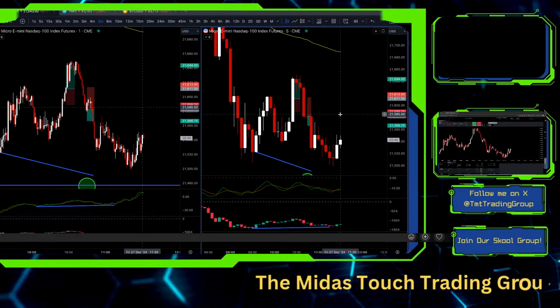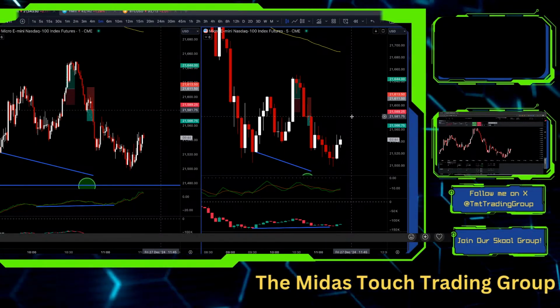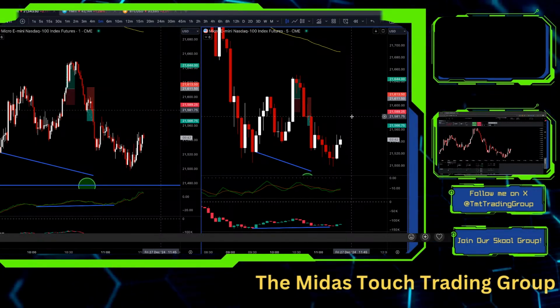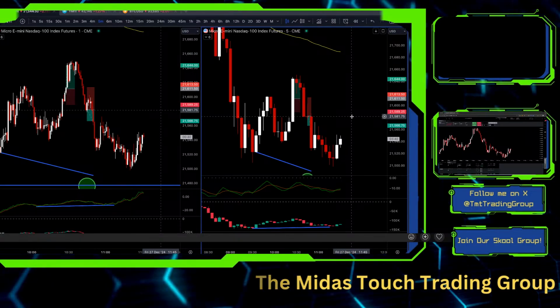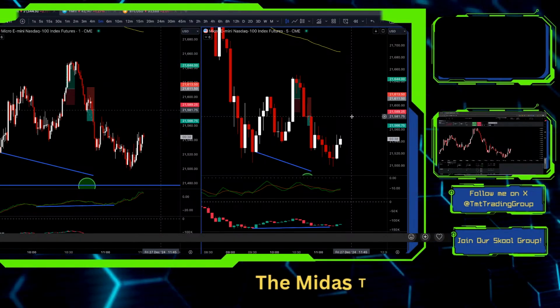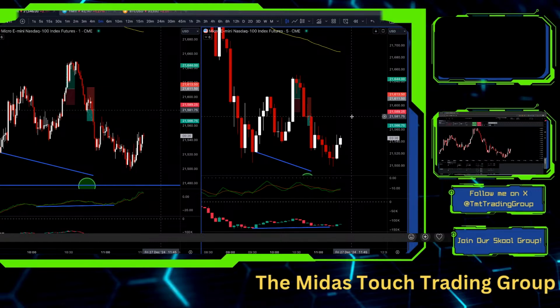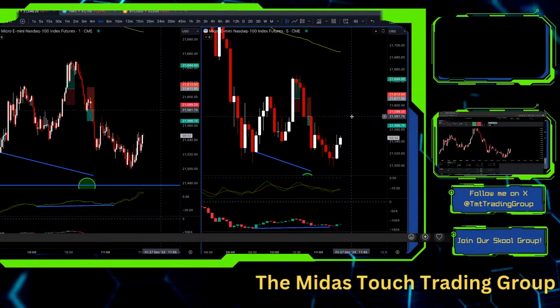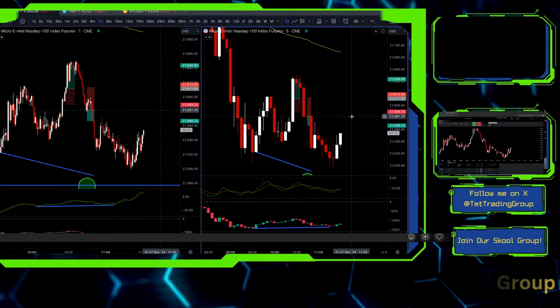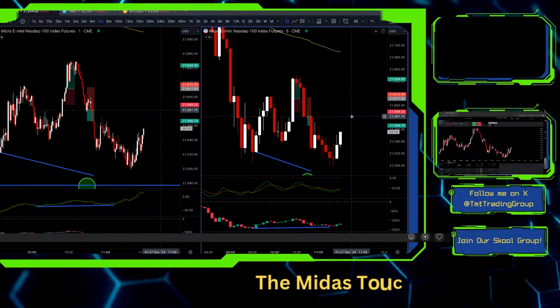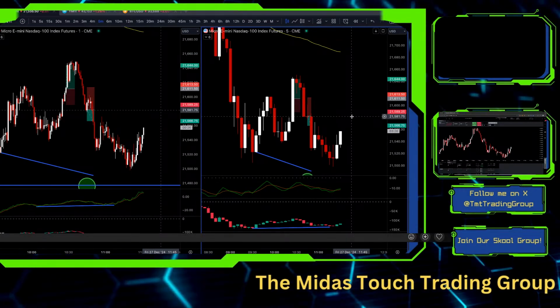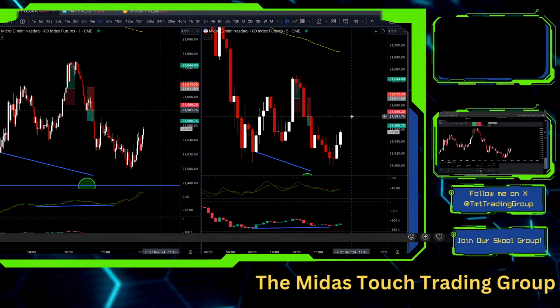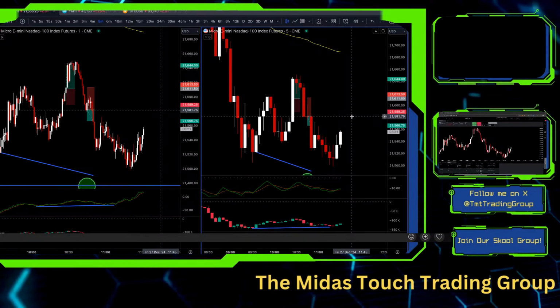And the particular setup we show, which is a spinoff of the ICT unicorn strategy, I like the entry. But when people come in, they think all we are going to teach them is this one setup, and if you just take this one setup, you'll be rich for the rest of your life. You'll have a little drawdown here and there, and you're not going to win them all.